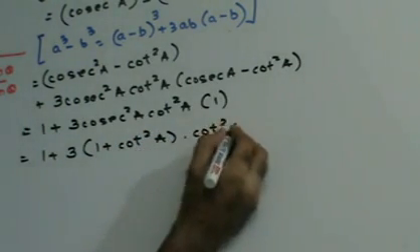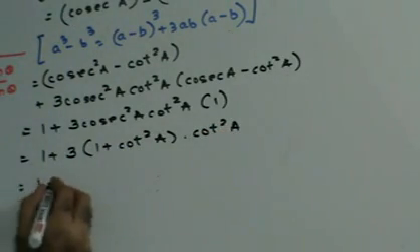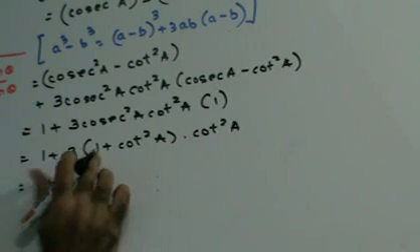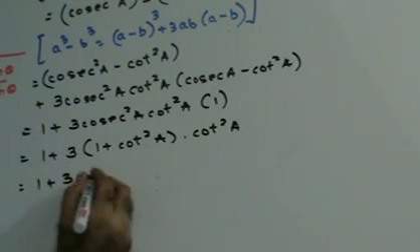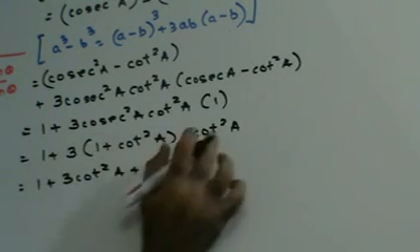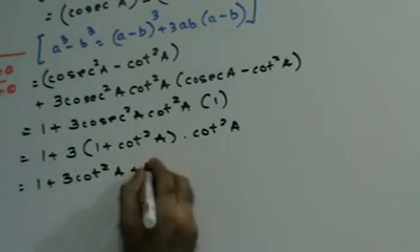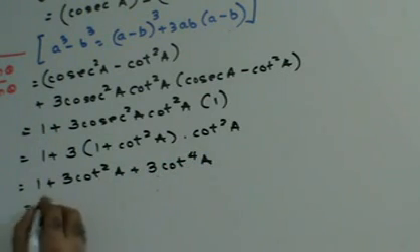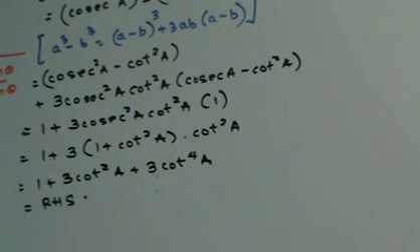So 1 plus 3 cot square a multiplied by 1 will give you 3 cot square a, and 3 cot square a multiplied by this cot square a will give you 3 cot 4a. I presume that's my RHS. That's how you prove that LHS is equal to RHS.